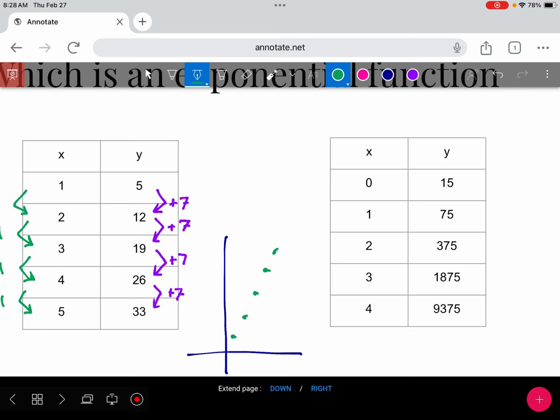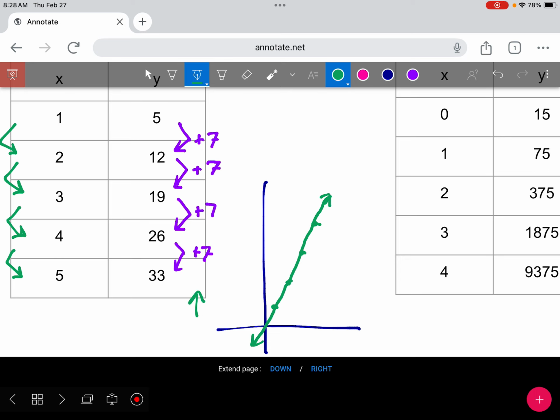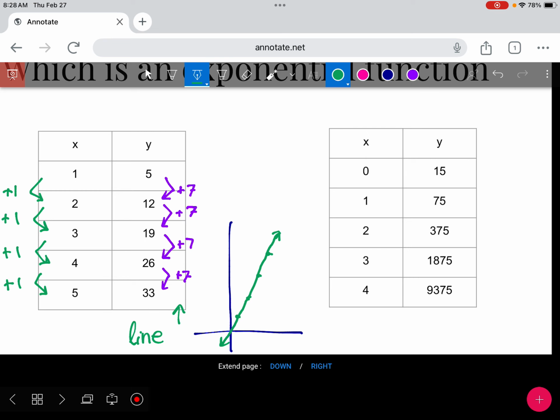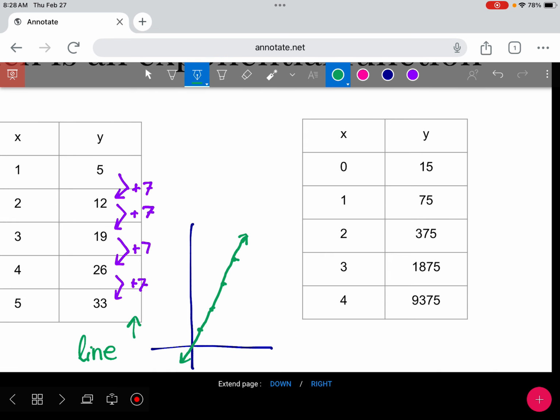What shape is this making? A line. When our rate of change is consistent or constant, we have a linear function. This is a line.